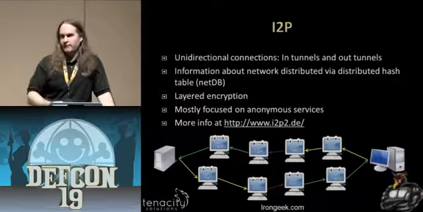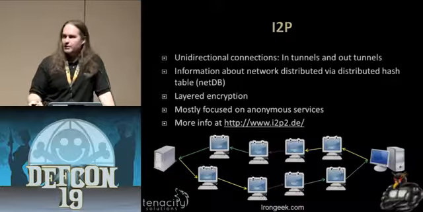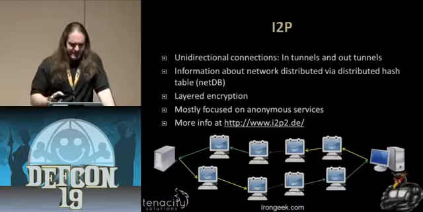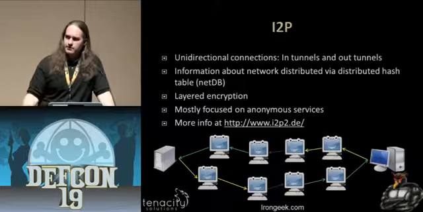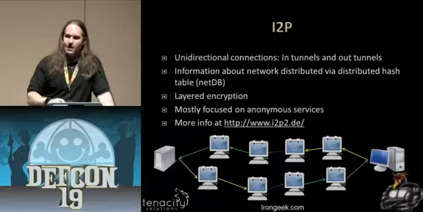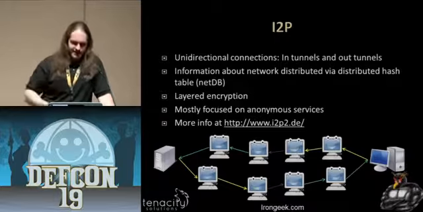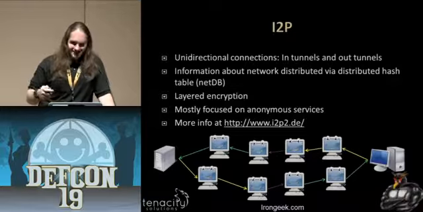And this could be anything from an eepsite, which is a website, to a box you can SSH into, IRC, all those sorts of things. In my opinion, and this is rather subjective, it seems to do the hidden services types of functionality faster than Tor does. But it doesn't really have great outproxying ability to the public internet, because you generally have one outproxy, so it's easy to detect. Not that Tor can't be detected, but that's another subject matter.